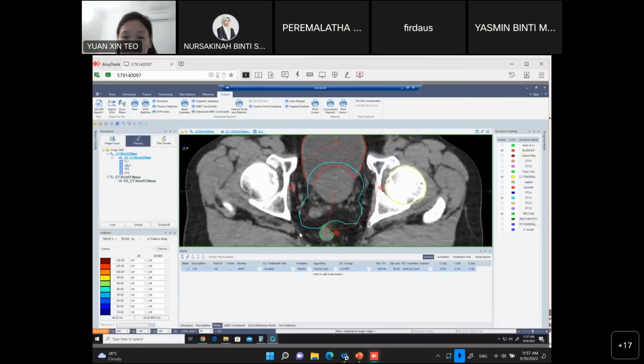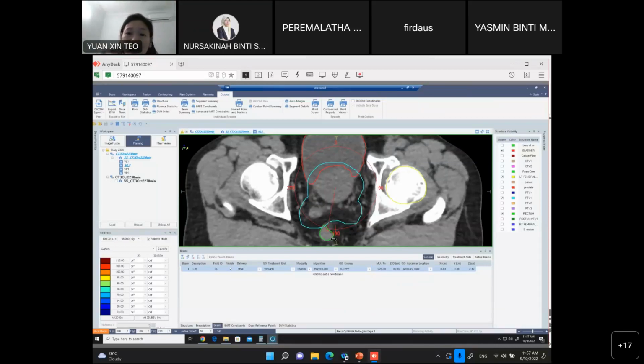I rephrase. For this plan, we give one beam, two arcs. Automatically, they will give you one arc with clockwise, and another arc will be anticlockwise.